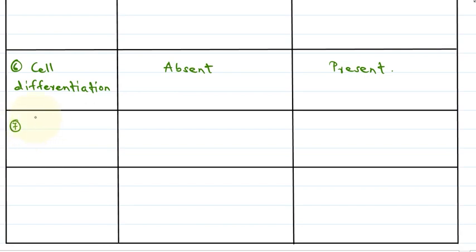Okay, then after cell differentiation we would consider the cell exposure to the environment.